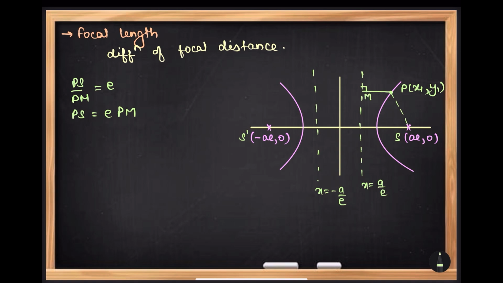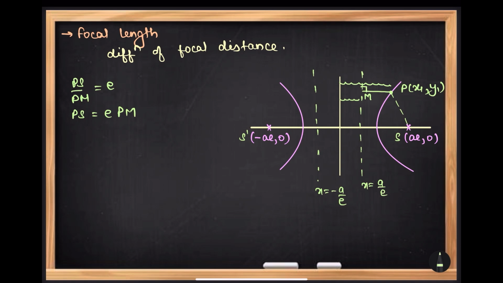Now can I say that this length is x1 and I have to find out this length, correct? So from the total length, if I remove this one, don't you think we got our PM?